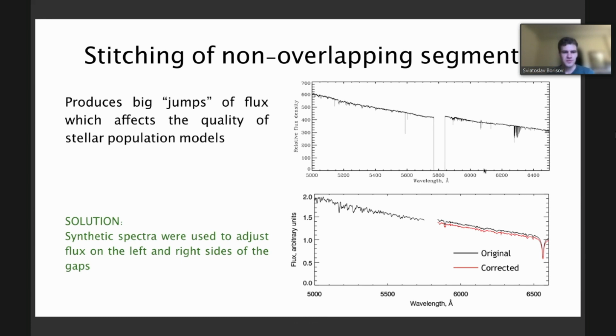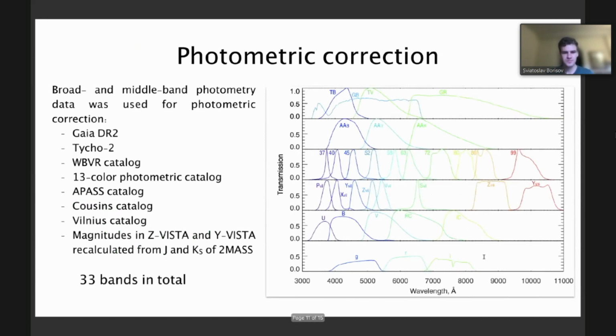But unfortunately, they were stitched not perfectly, which means that there are some jumps in the flux on the left side and on the right side of these gaps. To solve this problem, we used synthetic spectra to adjust the flux on both sides of the gaps. And here you can see an example with original and corrected spectra.